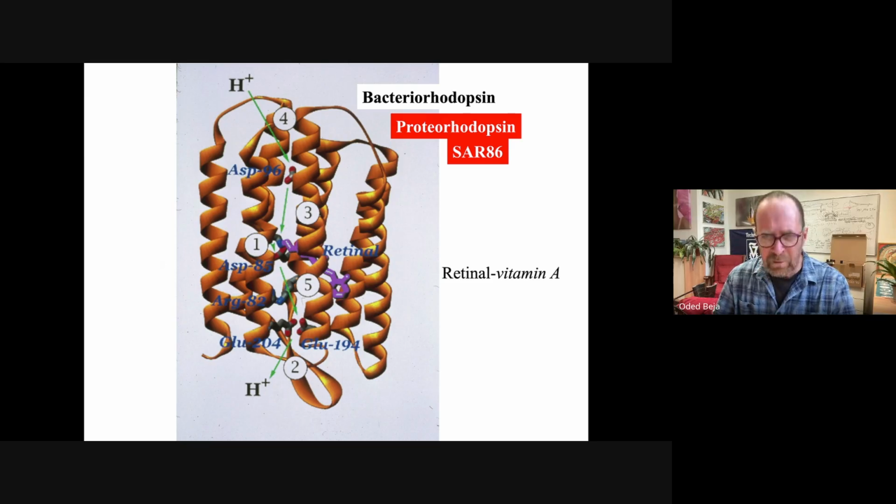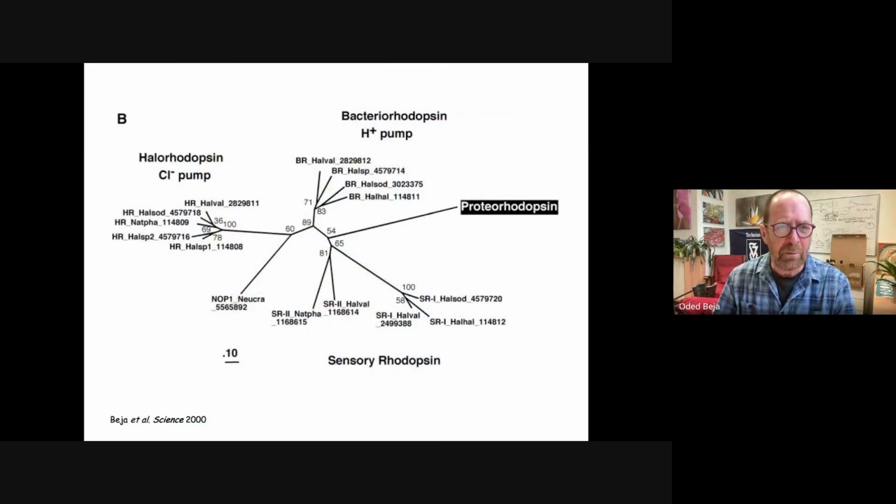But what was important for us is that we were able to express them, and remember, this is from 2000. So in 2000, we only knew very few microbial rhodopsins. We knew the bacterial rhodopsins, those are proton pumps, the halorhodopsins, chloride pumps, and then different sensory rhodopsins. By function, they are actually doing what visual rhodopsins are doing.